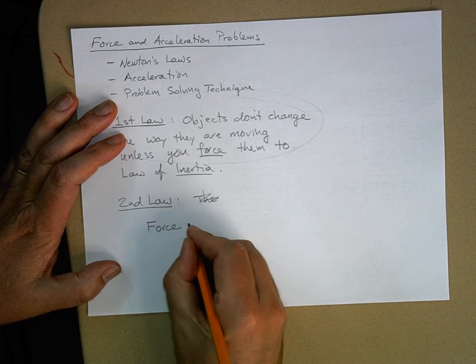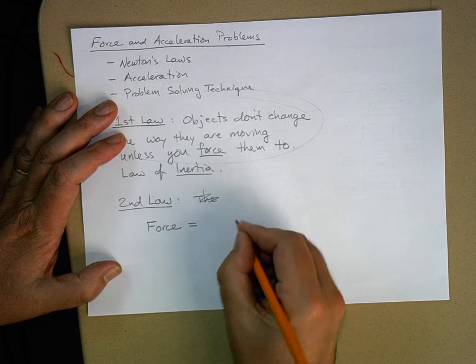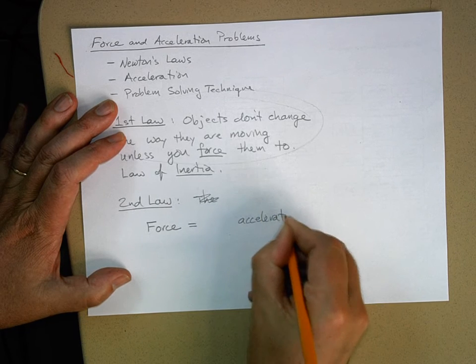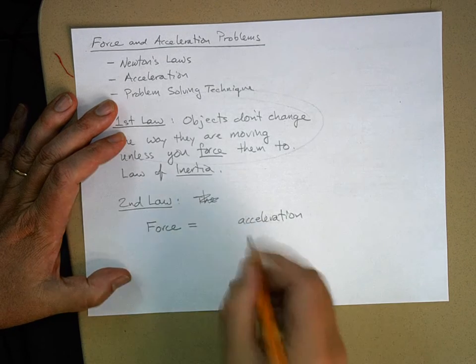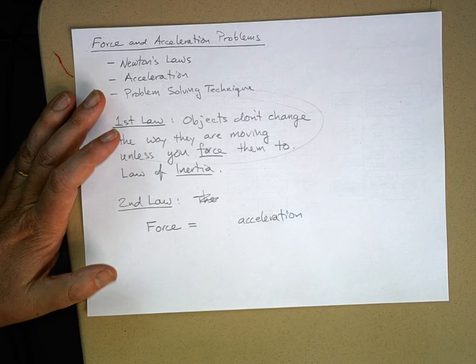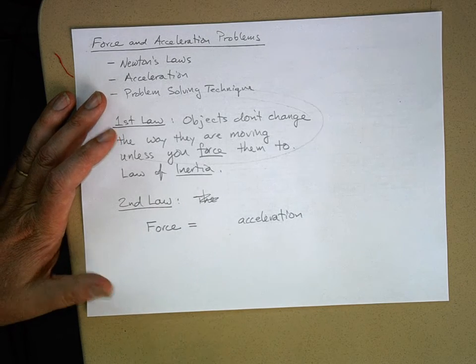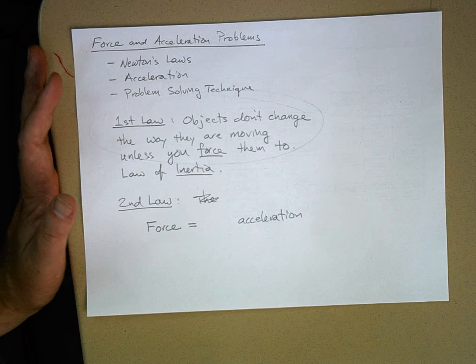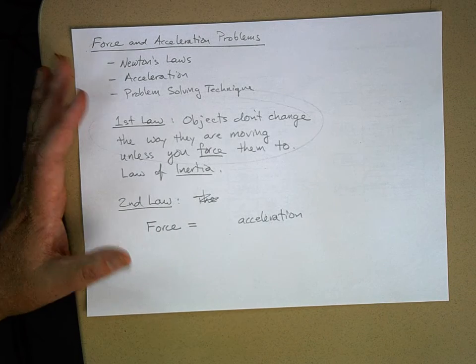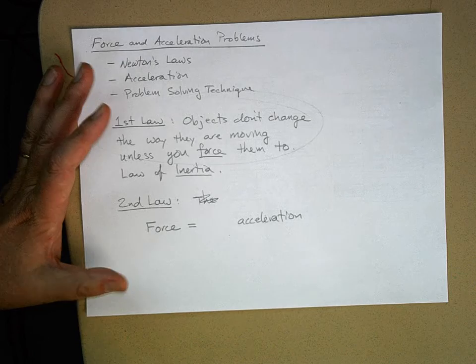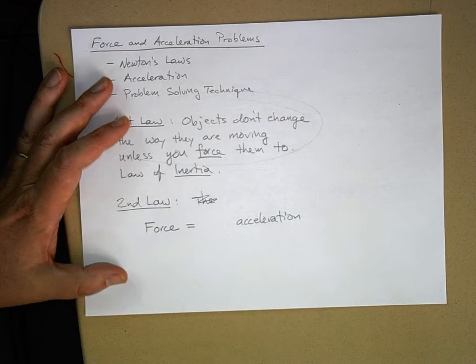Force will cause objects to accelerate, or acceleration. And we're going to define that. Acceleration is the rate at which an object is changing how fast it's going. Now, how much acceleration you get depends on how much inertia this has.